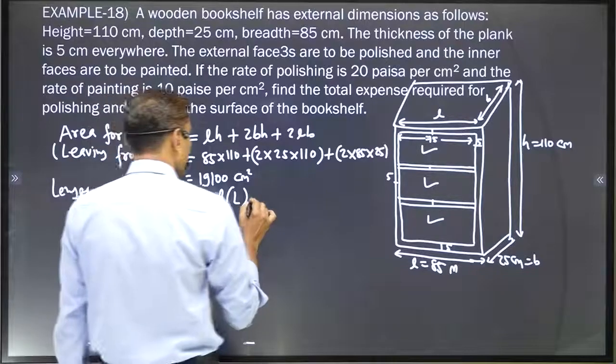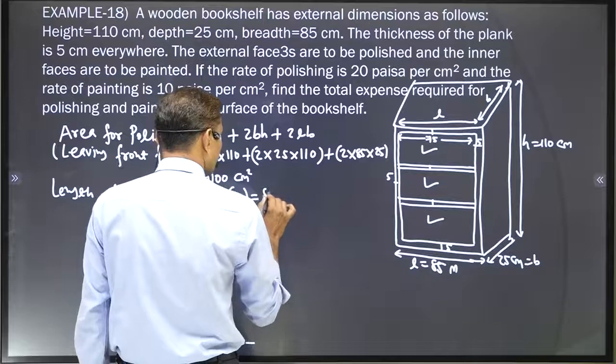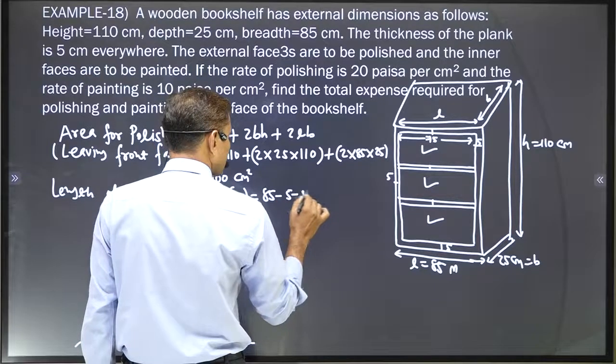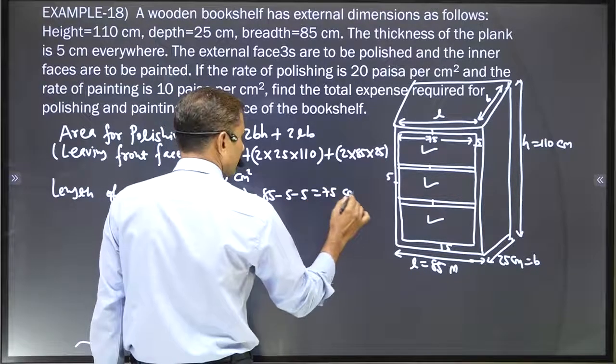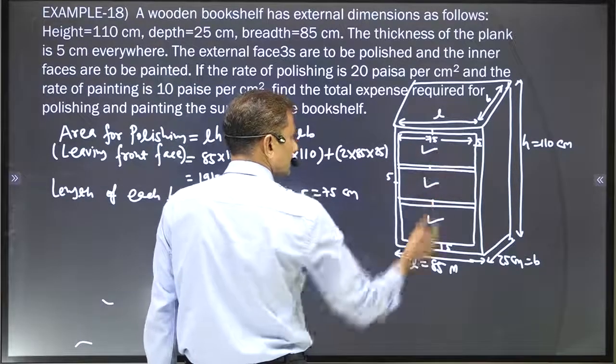How much? You can see here 85 minus 5 minus 5, 75 centimeter. Why? Because 5 is cut from this side and 5 from that side, so it is 75 now.